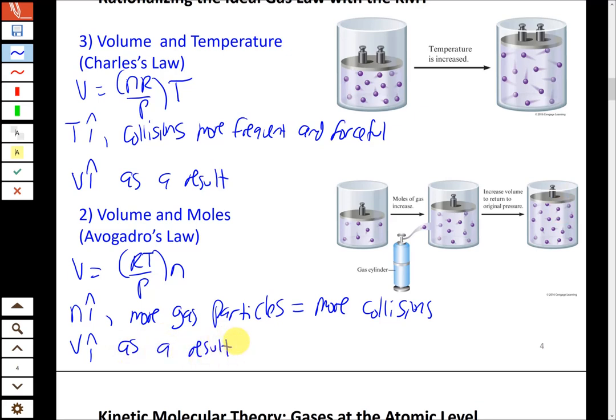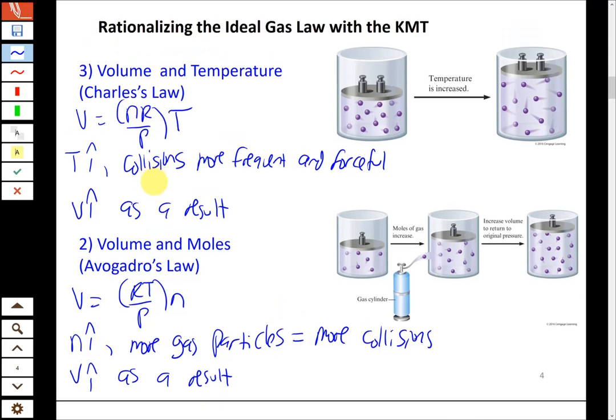All right, so all of these microscopic level arguments hopefully help us understand why the ideal gas law is the way it is, and why the relationships between pressure, volume, number of moles, and temperature all follow the way they do. It's really only two things to think about when you're changing something about a sample of gas. Are you increasing how fast the molecules are moving, which would increase both the force and the frequency of the collisions, or are you just increasing the frequency of the collisions if the temperature is the same?